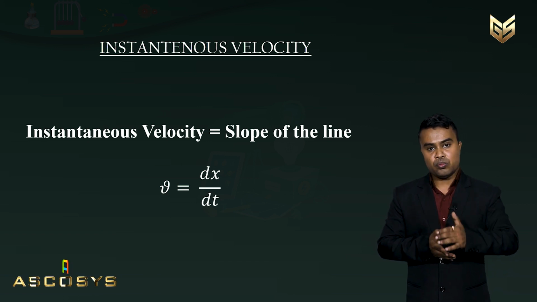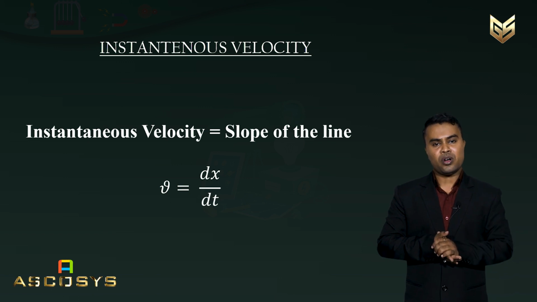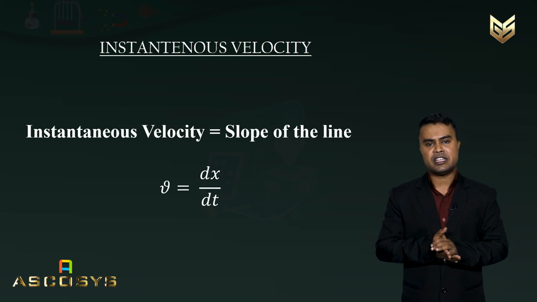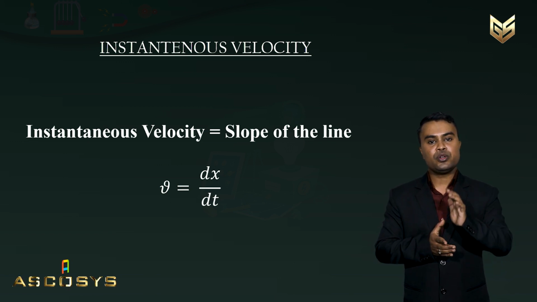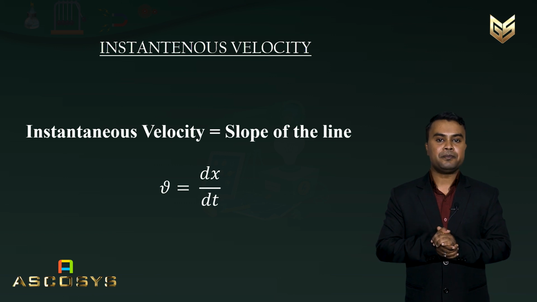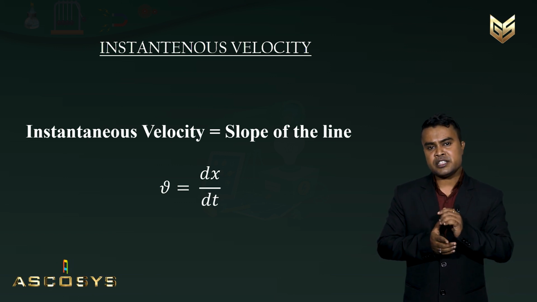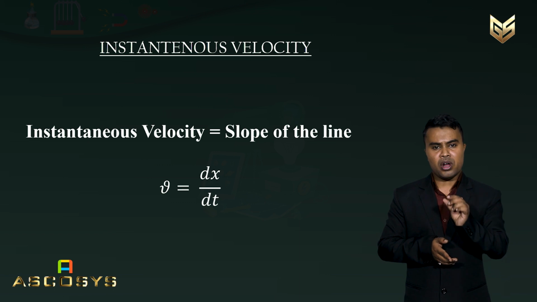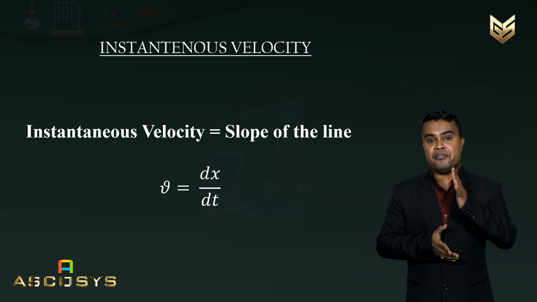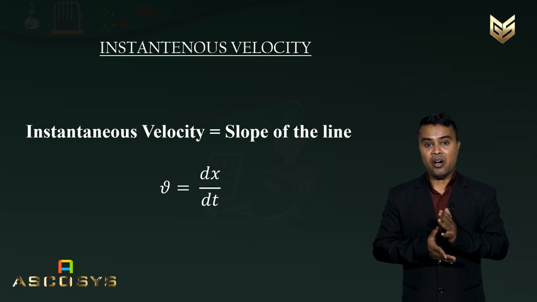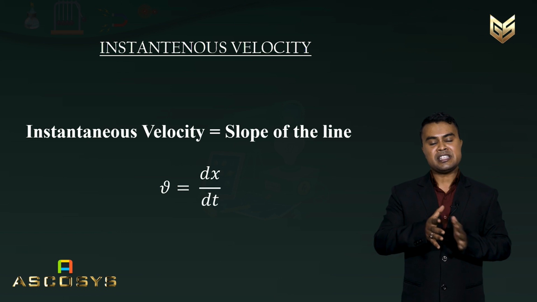If you want to go to lower terms, because instantaneous speed and velocity is for a very small amount of time, we are going to do dx by dt. dx is the smallest displacement and dt is the smallest time. At that particular time, what was its velocity? dx by dt.